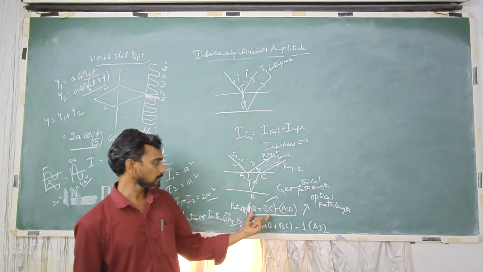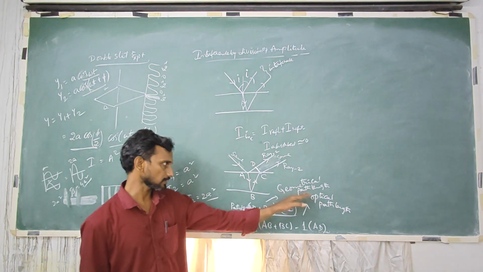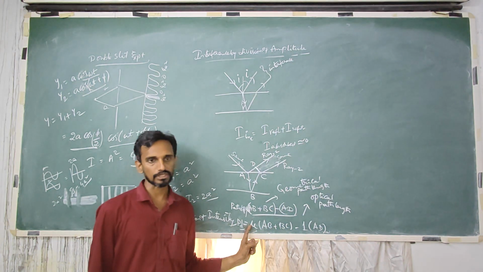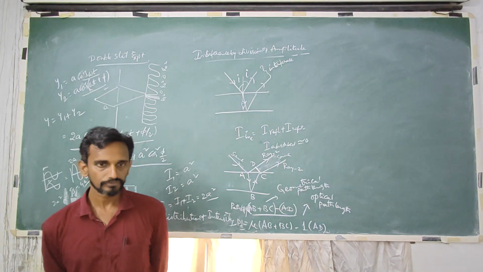Just by geometry we have measured this AB plus BC minus AD, which is the geometrical path length, whereas this one is the optical path length, where we are considering the refractive index of the medium also. Okay?